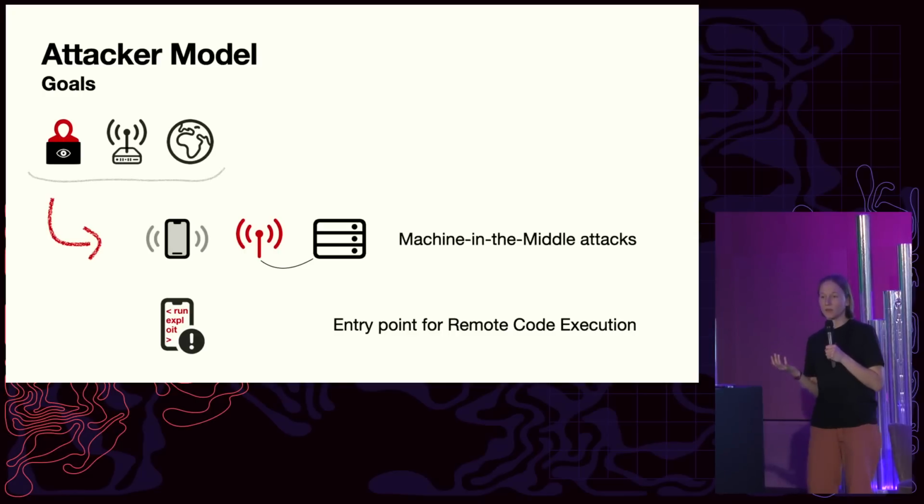Since baseband code is very complex, it doesn't really have so many protections like stack canaries, and such a baseband exploit can, like this, serve as an entry point for a remote code execution, as an attacker might be able to exploit the baseband and, like this, get into the operating system of the phone. And if they're in the operating system, they can do whatever they want. They might install some spyware apps or exfiltrate data or whatever you can imagine.